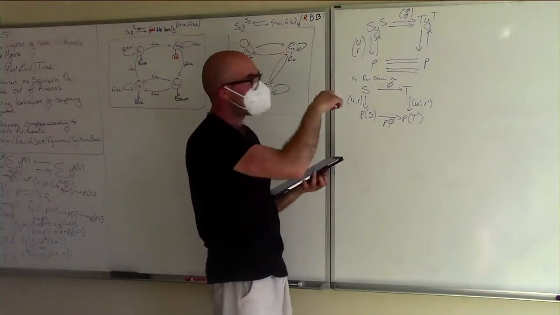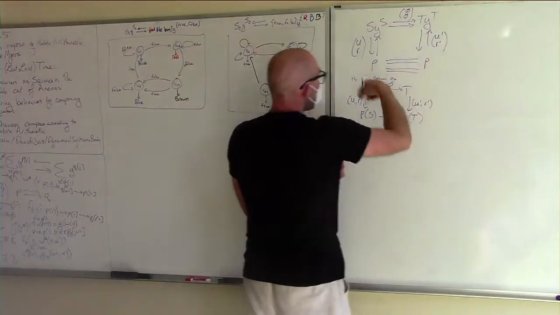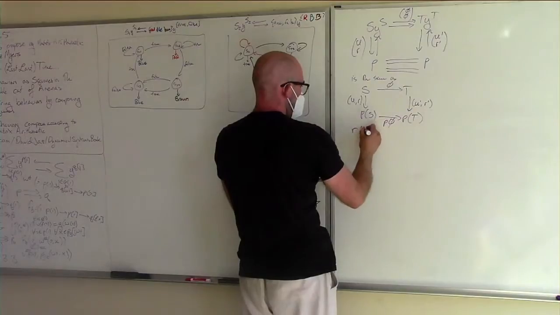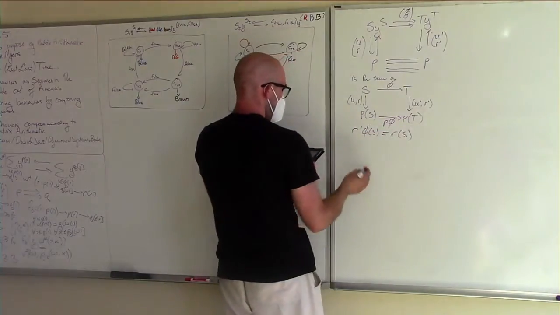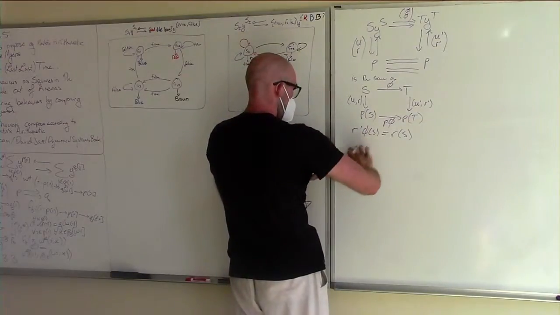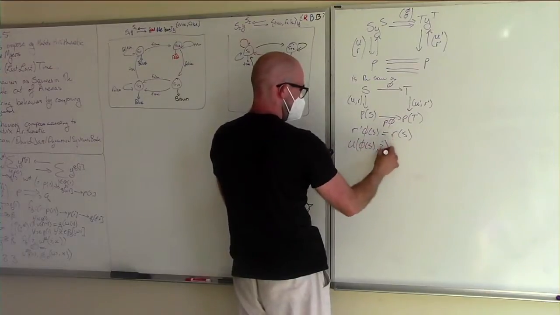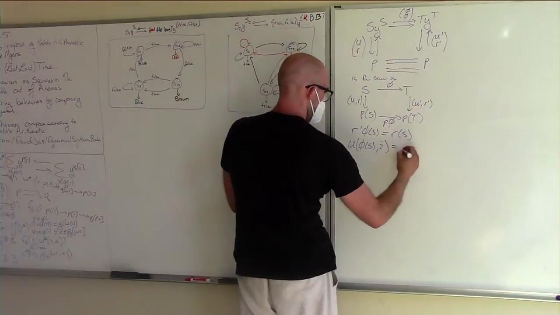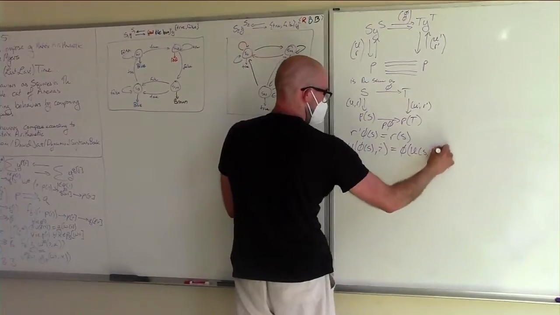Well, if we run through the equations again, where this one here is u prime, r prime, what both of these pictures mean is that r prime of phi of s equals r of s, and u of phi of s at some input I is equal to phi of u of s at the input I.